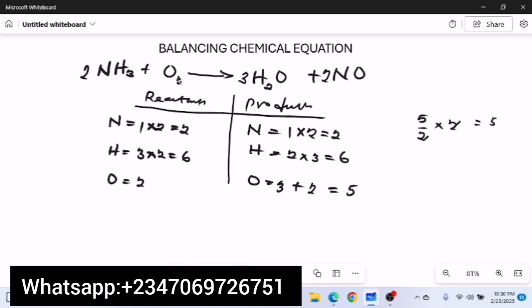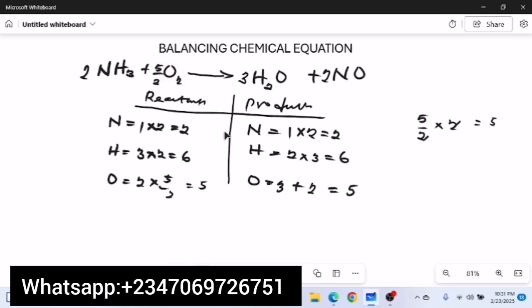So if I multiply this by 5 all over 2, I'm going to have 2 cancel 2, giving me just 5 moles of oxygen. So I'm simply going to append 5 over 2 here. And if you do this, it means that this chemical equation is balanced, because 5 over 2 multiplied by the 2 moles of oxygen already existing there simply gives us 5.